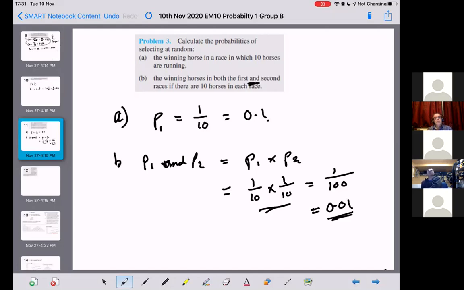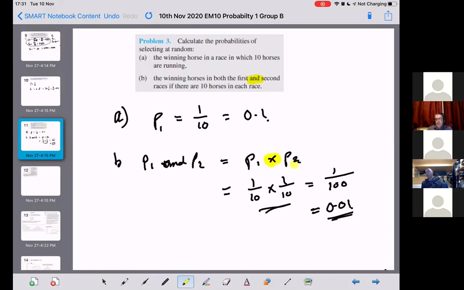No. So the key point in this problem is this word "and" in here. Probability of getting the winning horse in both the first and the second races. When you see "and" between two probabilities, you need to multiply them together.